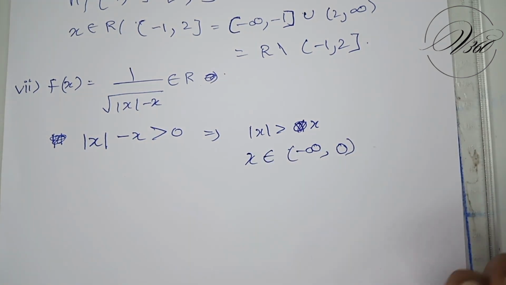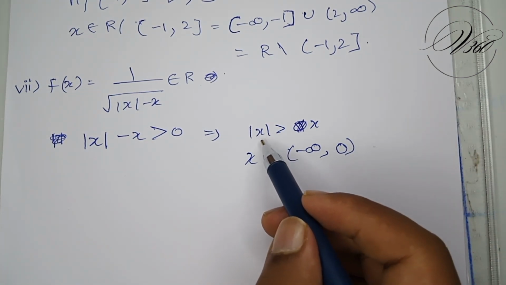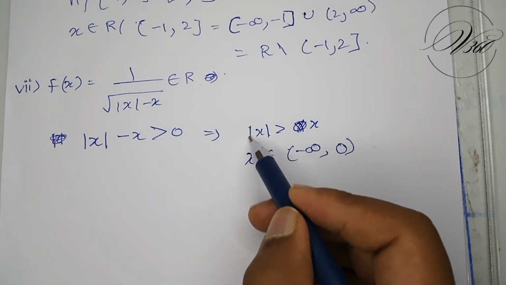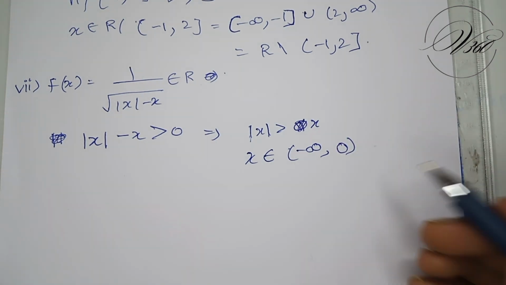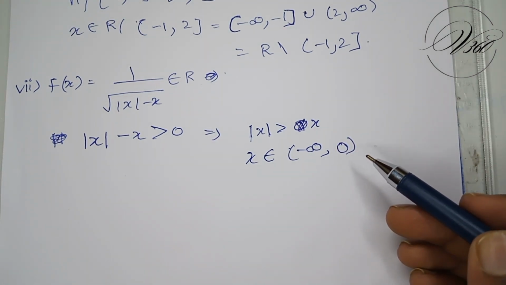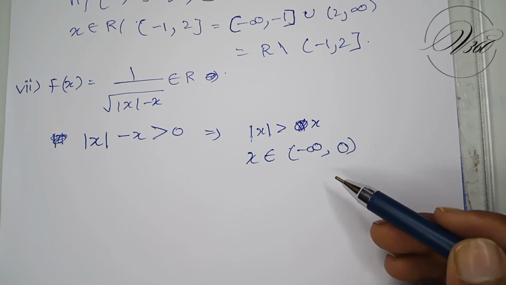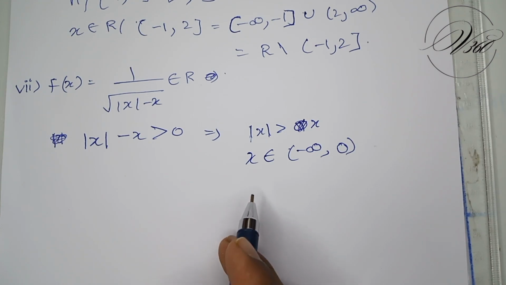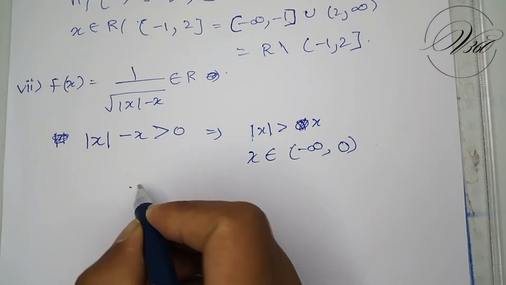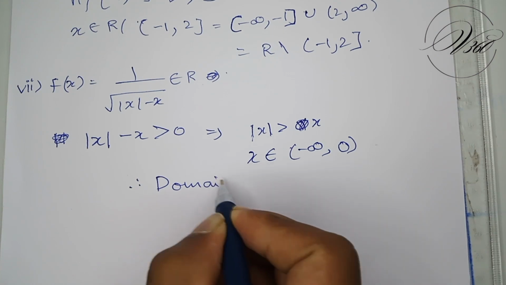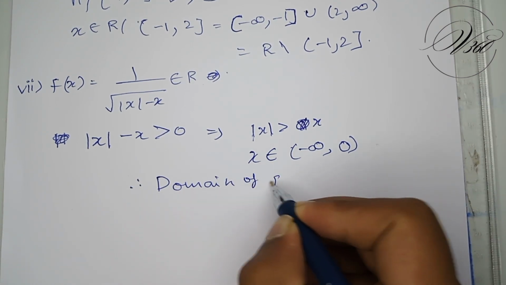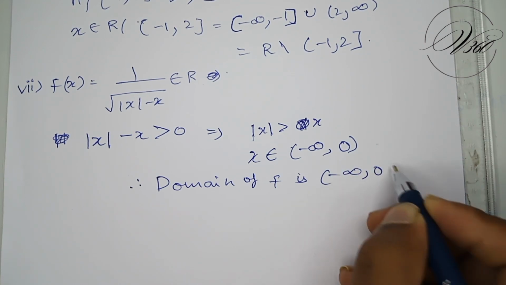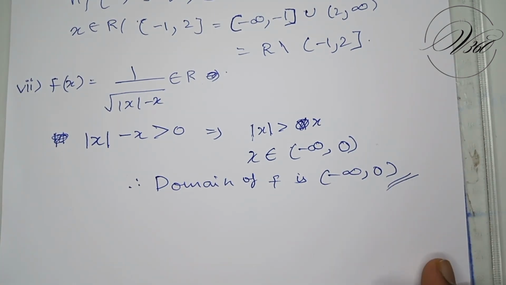Because we don't know the value of x, there is a modulus here, so it should be appropriate, that is plus or minus. 0 is neither a negative nor a positive number, so we will take 0 directly, minus infinity till 0. Okay, therefore the domain of f is minus infinity comma 0. This is the answer for the 7th bit.